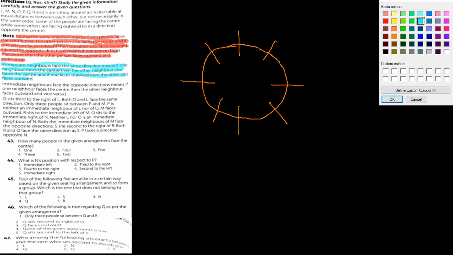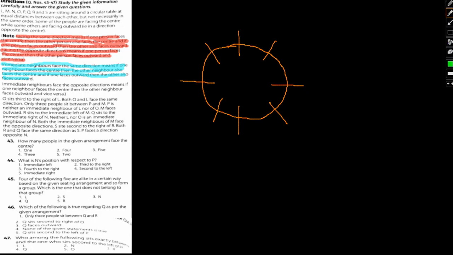Immediate neighbors facing opposite directions means if one neighbor faces the center, then the other neighbor faces outward and vice versa. So these three important notes should be kept in mind.